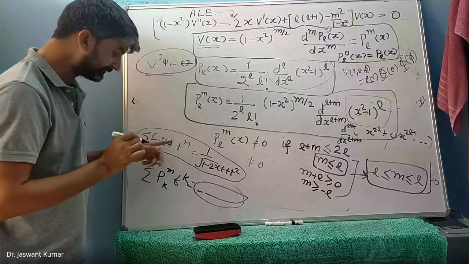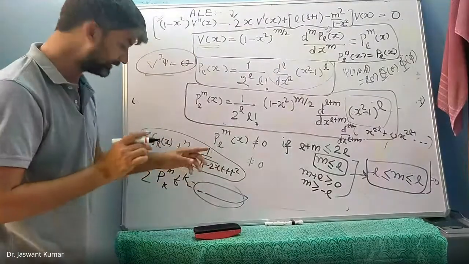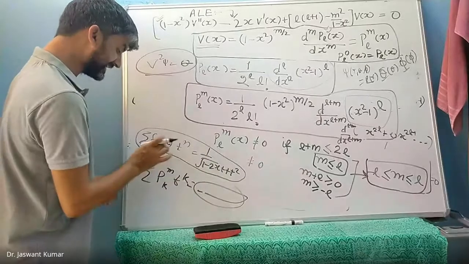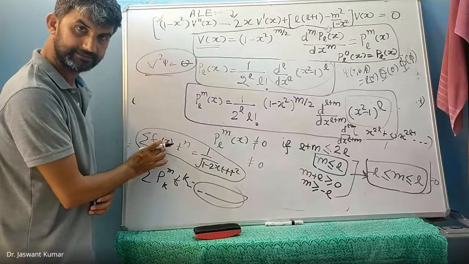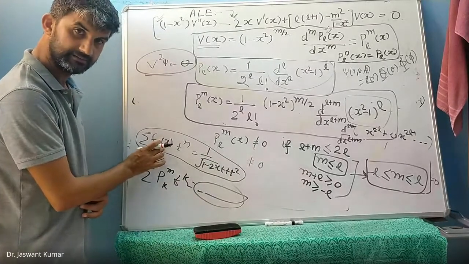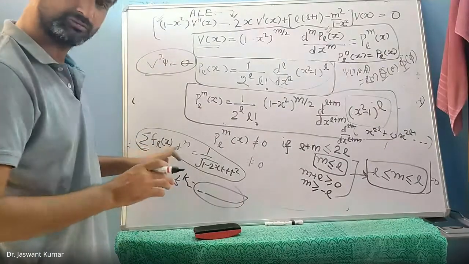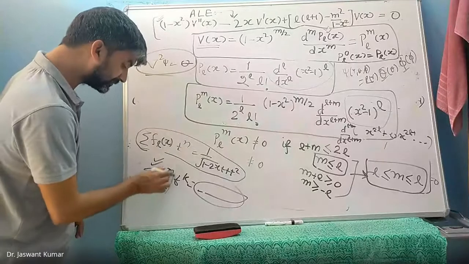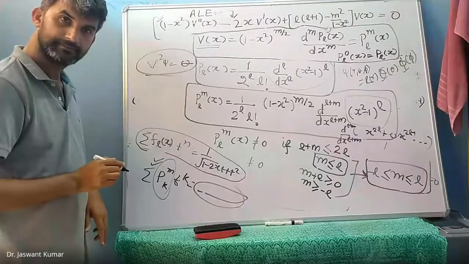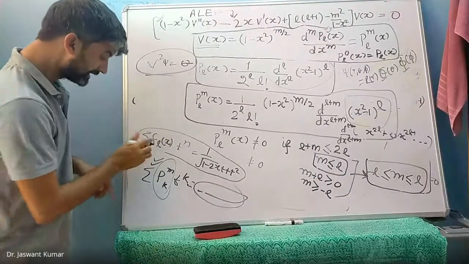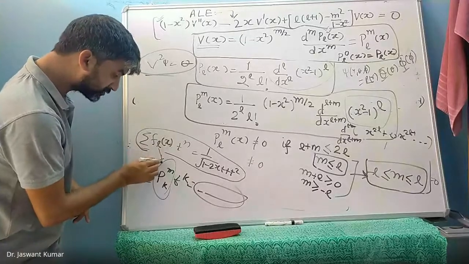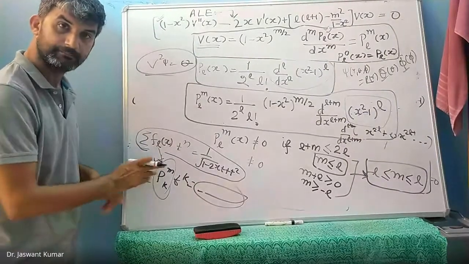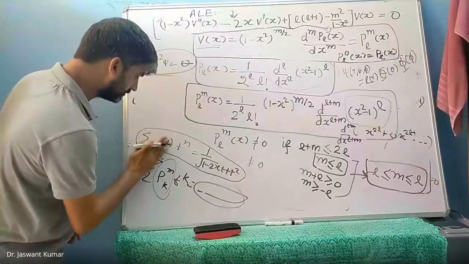If FL of x t to the power n is equal to this, then we know that this is the generating function of this FL of x. Now, we do not want the generating function of FL of x, but of something like this. So we need to change this FL of x to something like this, but that we already know.